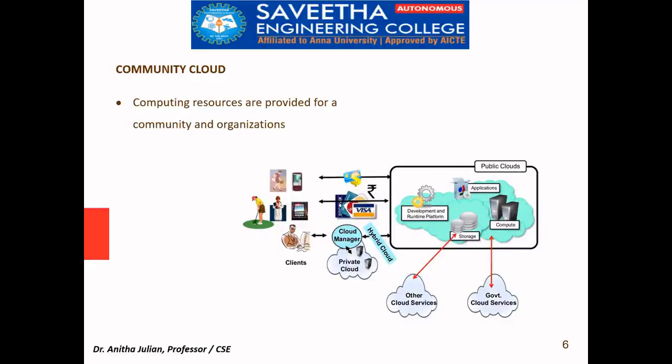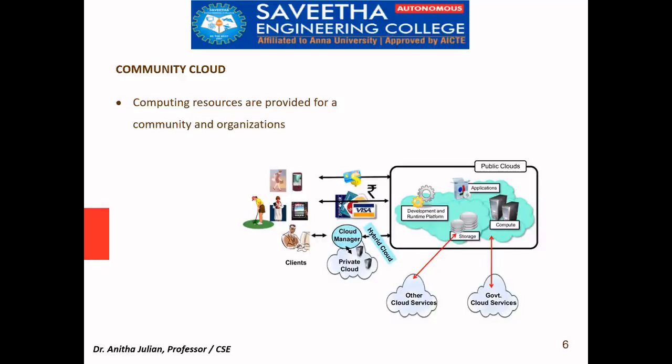And finally, the last type of cloud deployment model is community cloud. Computing resources are provided for a community and organizations. I told you we can have different locations for our community, and in a way it is a public cloud and it is being given to different users. You can see mobile users, different walks of people using it.